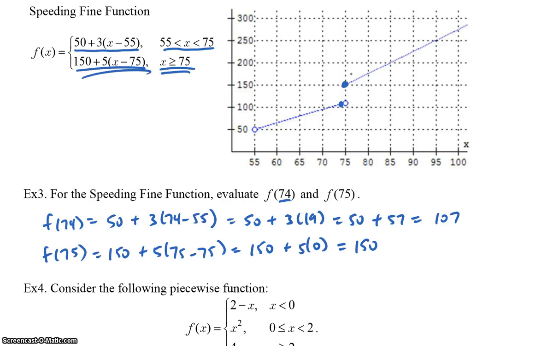At 74 miles per hour, the fine's $107. At 75 miles per hour, it jumps $43 to $150. So there's that big jump discontinuity that's being described when we compute these two function values.